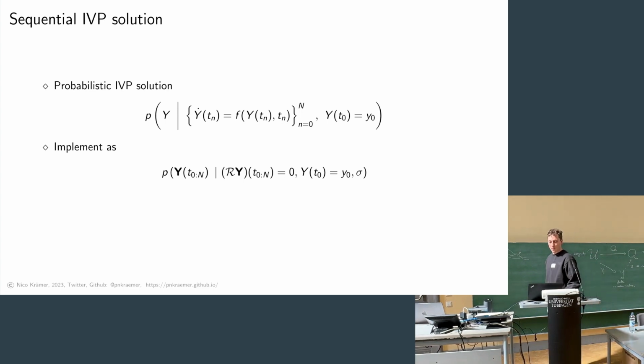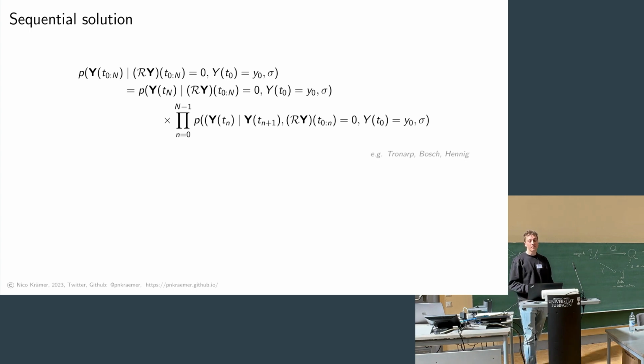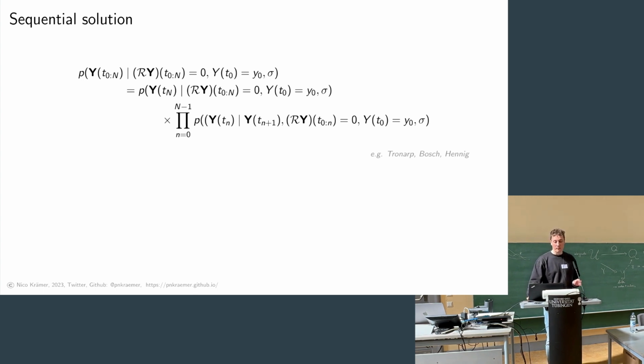So what's the next step in implementing these ODE solvers? Well, we know that our prior has the Markov property, so that means that we can also factorize our posterior distribution into some initial distribution, which is the terminal value solution of our IVP, plus a series of backwards transitions, and I'll elaborate on that in a bit.